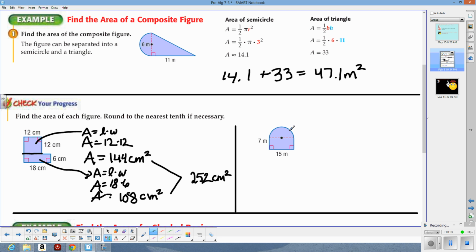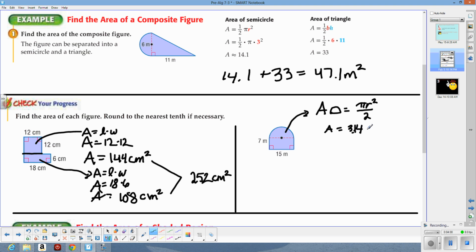All right, in our next example, we'll start with the semicircle. The area of a semicircle is pi r squared divided by 2, or 1/2 pi r squared. So we're going to put 3.14 for pi.